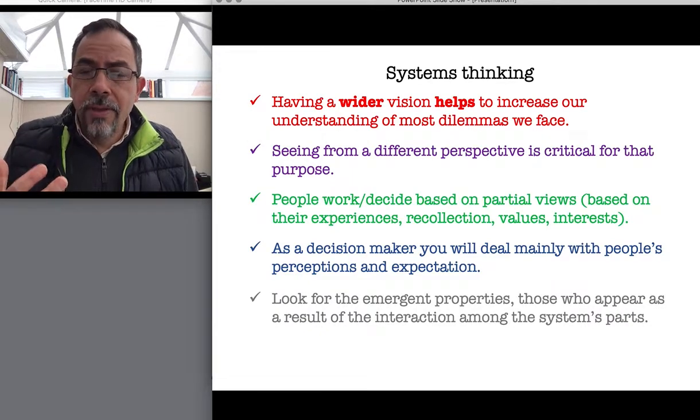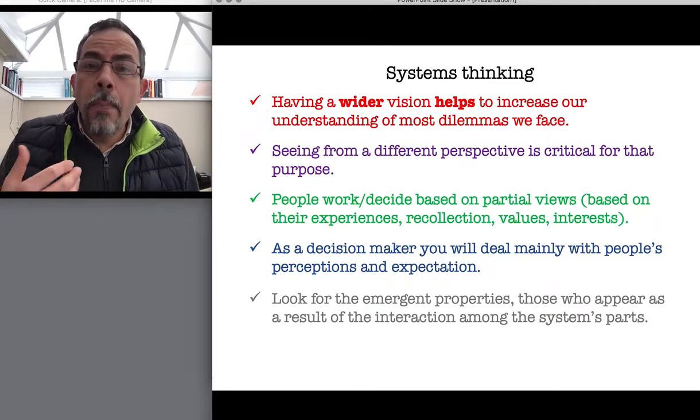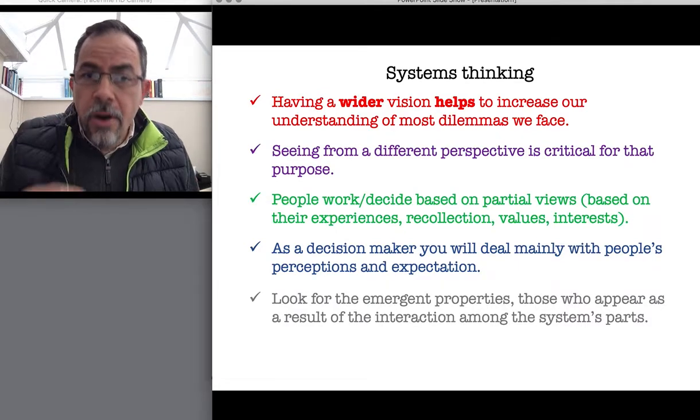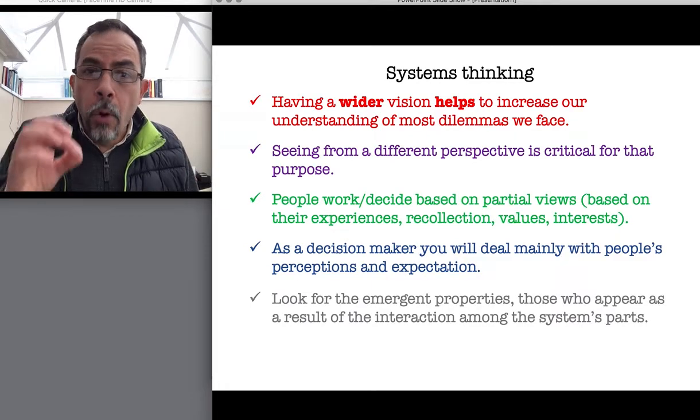Even love. You get two people together, then those people learn to appreciate each other. Even love is an emergent property. And make sure all those emergent properties appear.